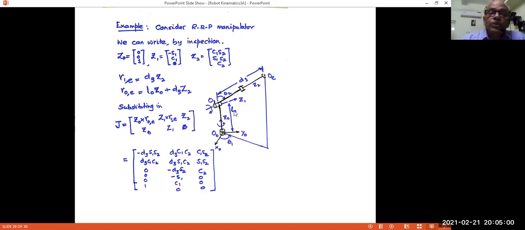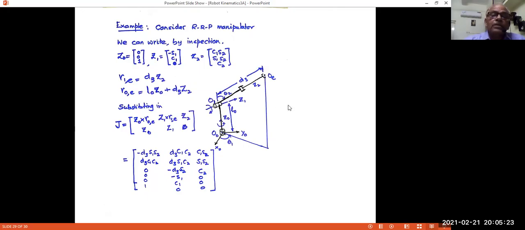Similarly, z2 is this, and you can see its projection on this plane. Taking this angle as theta 2, making an angle from the vertical. Originally, it is in the vertical position. Once it turns by an angle theta 2, it's like this, and its component is sine theta 2 on the horizontal plane.